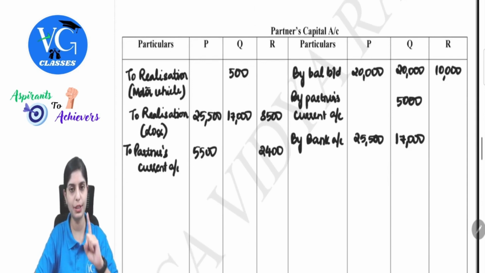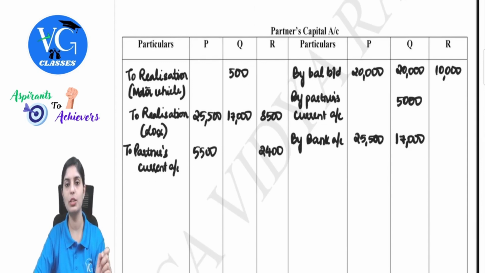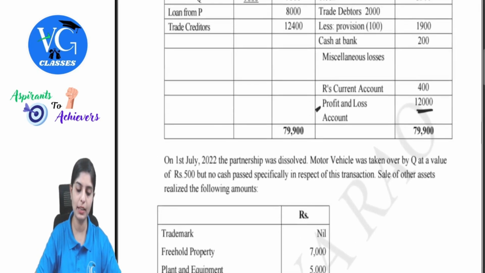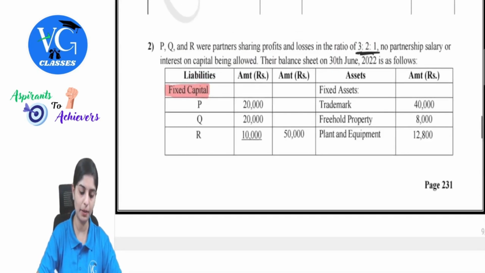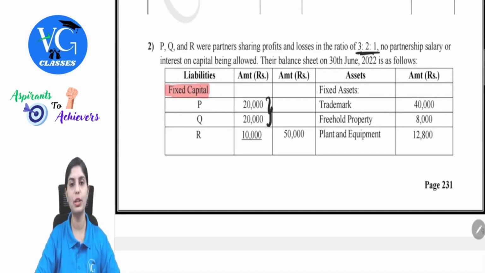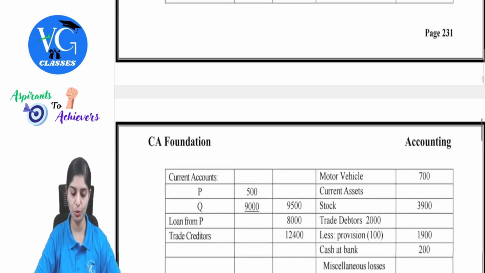Second step, we found out the deficiency. That is to be borne in capital ratio. The question clearly communicates that the capitals are maintained on a fixed basis. So if capital is maintained on a fixed basis, we have to take the ratio on fixed capital. The ratio for solvent partners is 2:2, so in simple words, 2:2:1. Fixed capital ratio is 2:2:1.